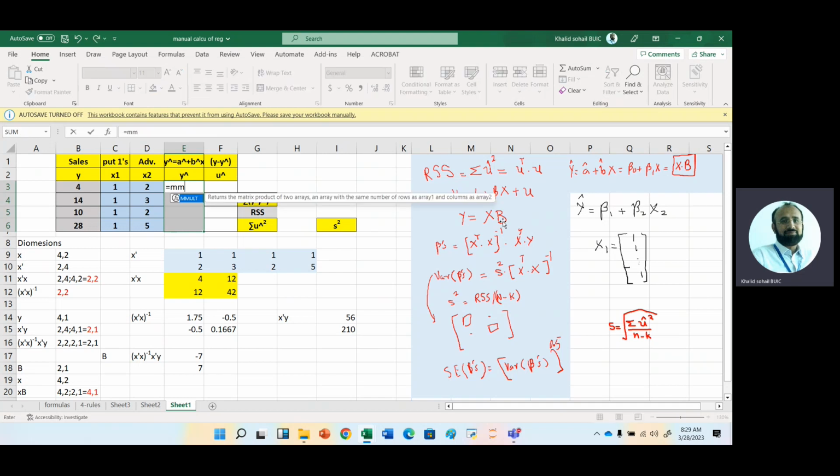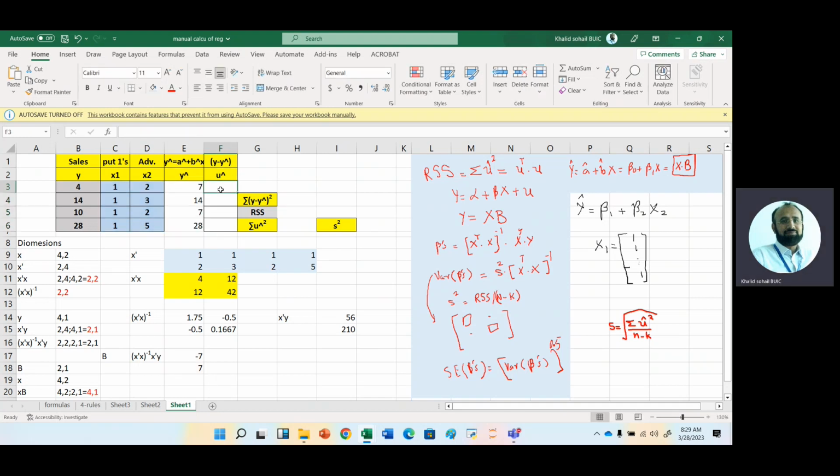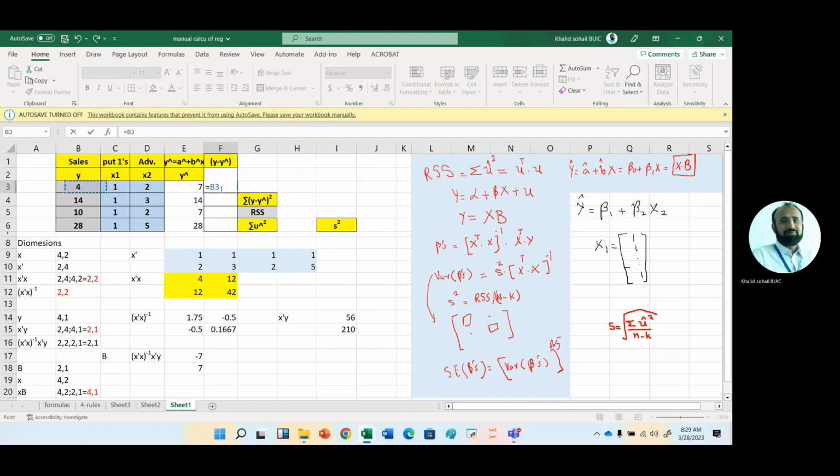So again, M mult, here is the X matrix, and we multiply it with the second matrix, that is of betas. And now we calculate the difference, Y minus Y hat.